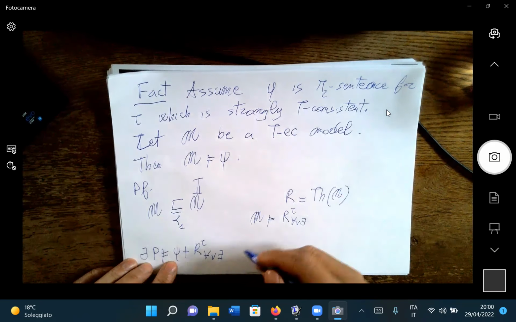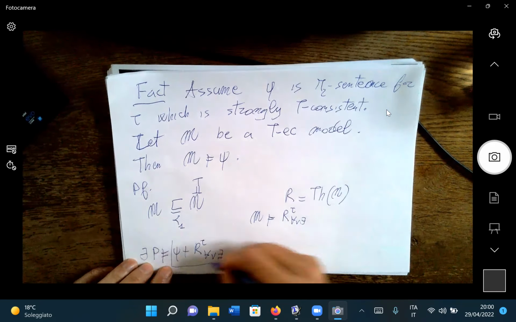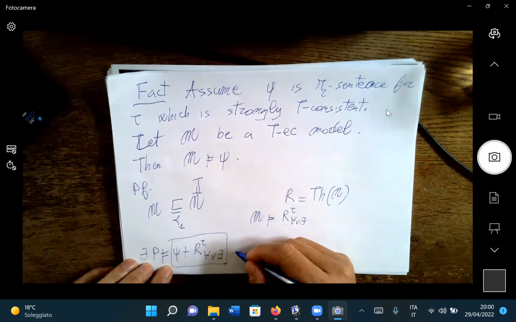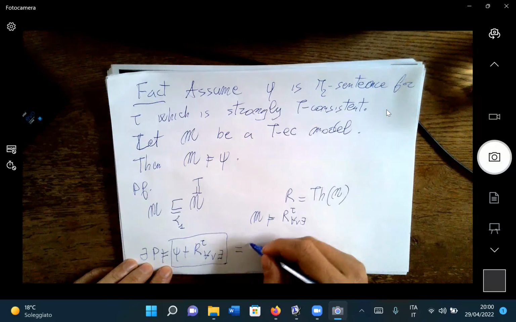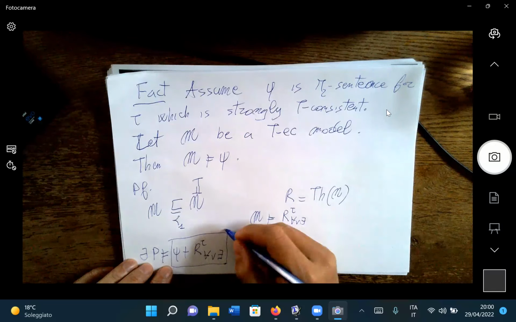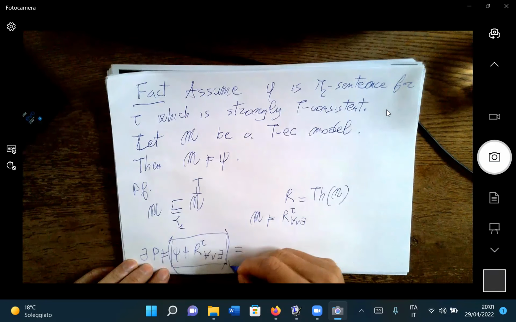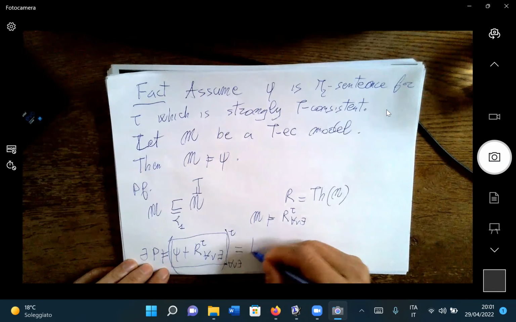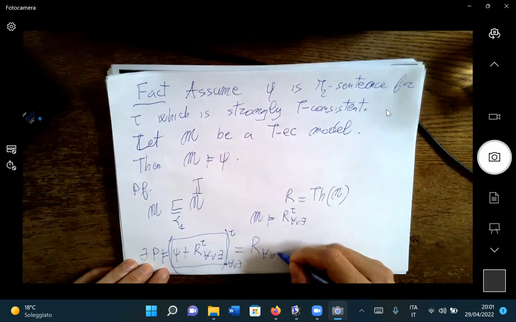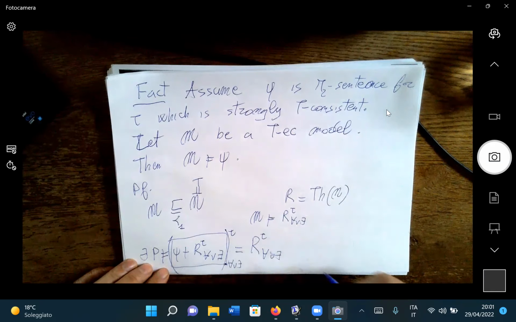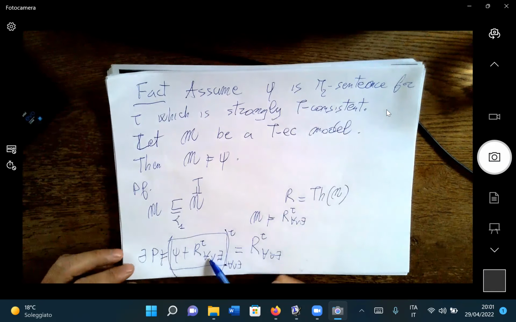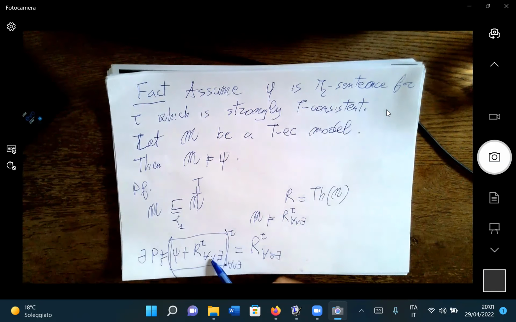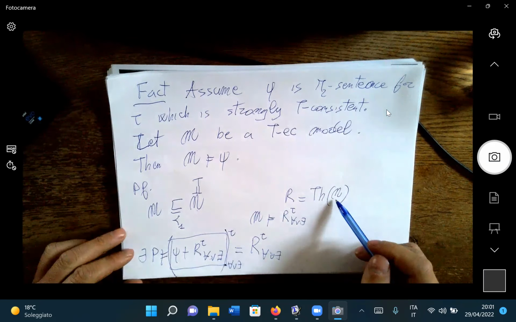But now we observe that this theory, if we take the Boolean combination of universal fragment, we don't add anything with respect to this. Okay, because this was already complete in essence. Every pi1 sentence or Boolean combination of pi1 sentences is decided because the theory of N is a complete theory.